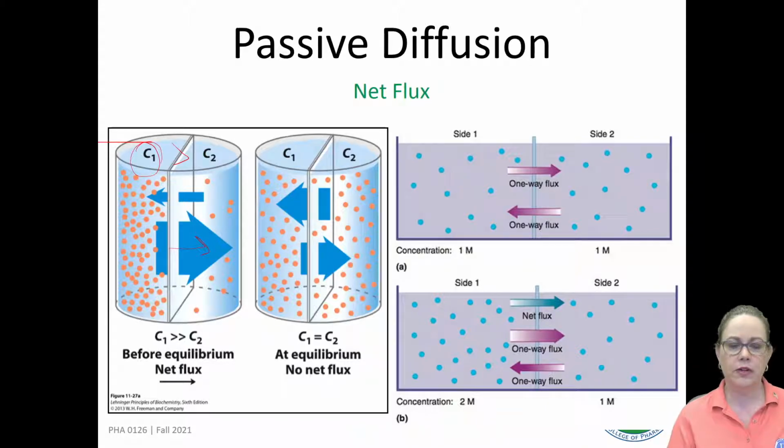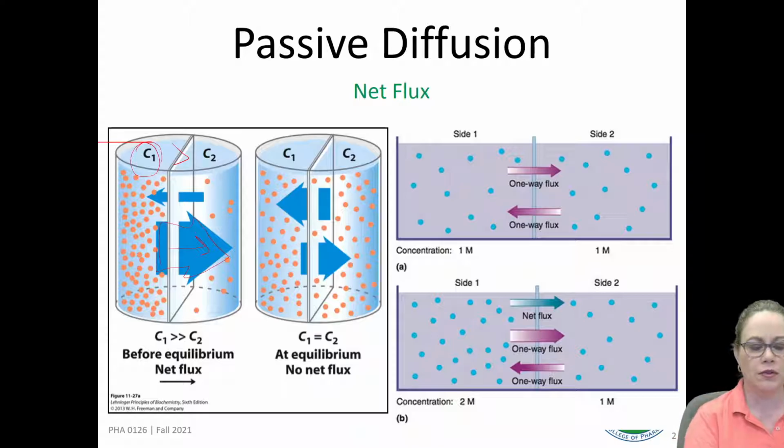What this figure is pointing out and reminding you is that the molecules are always moving in both directions. So we do also have some movement of molecules from the C2 side to the C1. But if you look at the thickness of the arrows, that's reflecting the rate or the extent to which the C1 molecules are moving to C2.